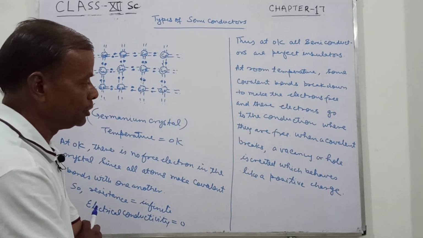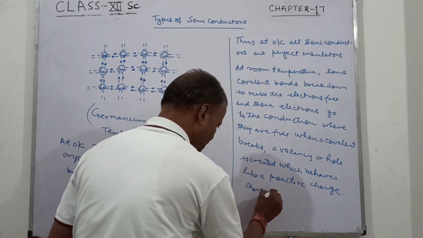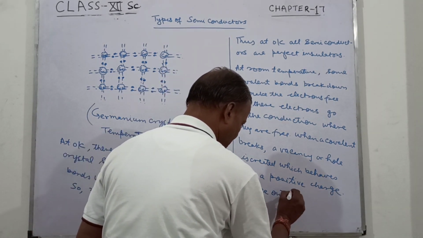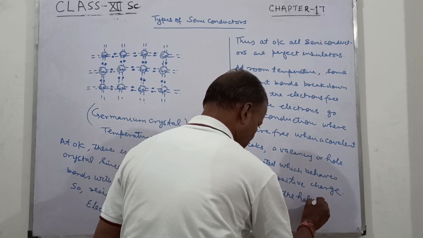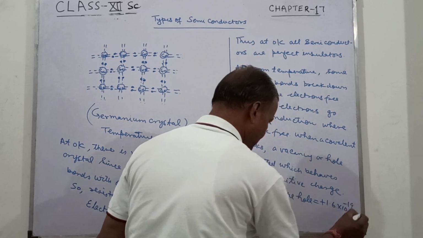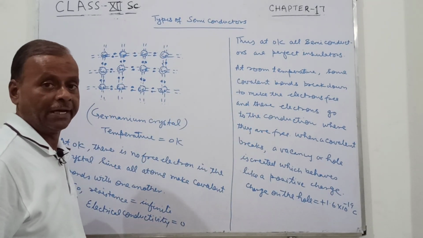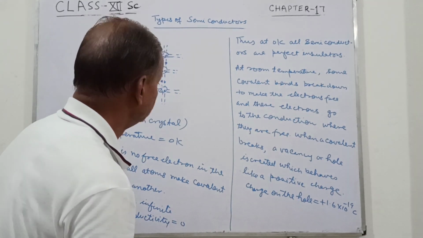So the charge on the hole is equal to plus 1.6 times 10 raised to the power minus 19 coulomb. Thus electrons and holes are created.